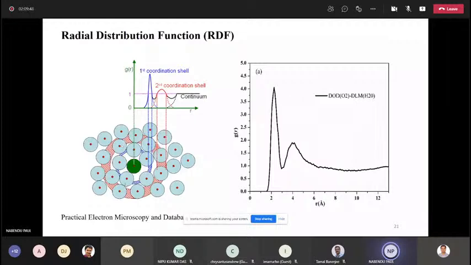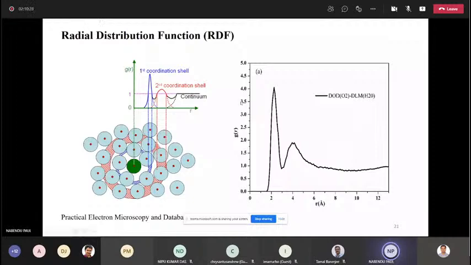But as we move to the outer radius, after some time it reaches the continuum, that is, no correlation between the central molecule and the outside molecules. So from the radial distribution function, we can find the presence of molecules or atoms in the vicinity of a certain molecule. It can also signify the interaction of the molecules with the central molecule.